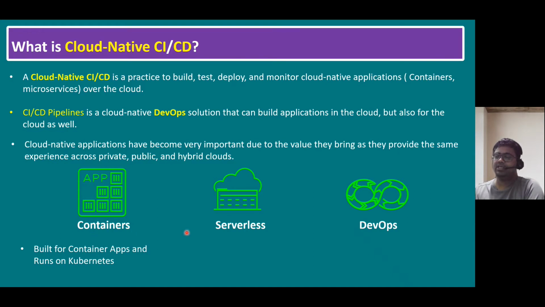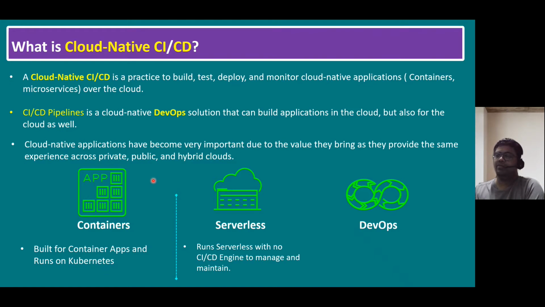We should consider containers and serverless architectures, built for container apps and run on a Kubernetes environment. For enterprise grade Kubernetes, we are aware of vSphere with Tanzu, or we can use Red Hat OpenShift, or SUSE Rancher.